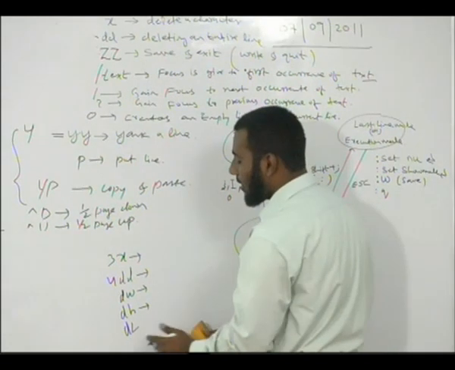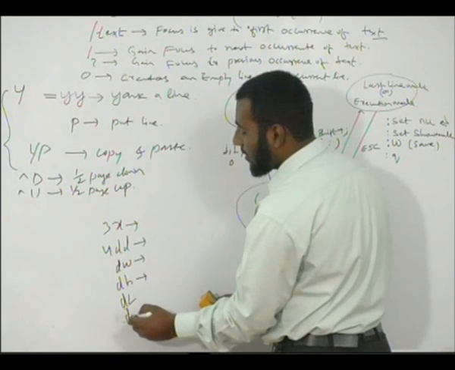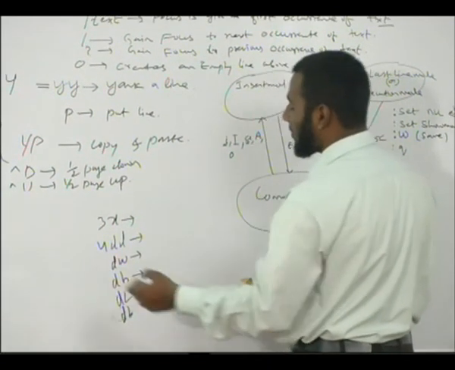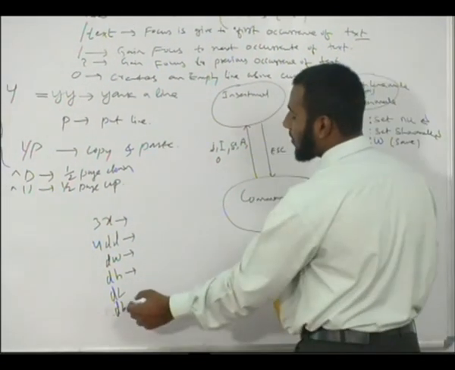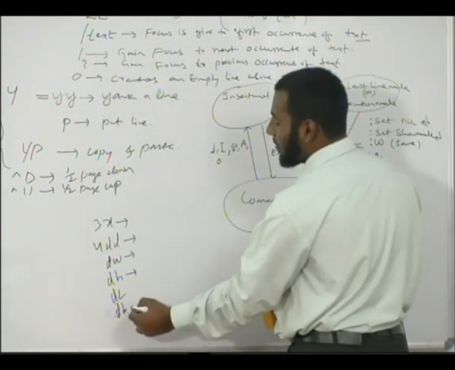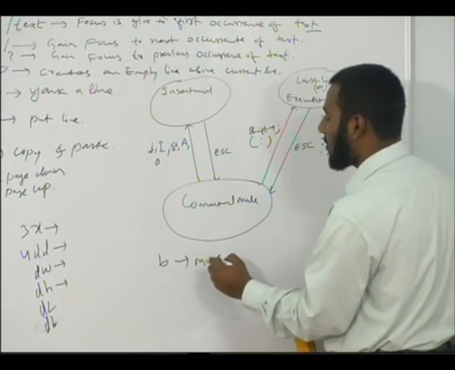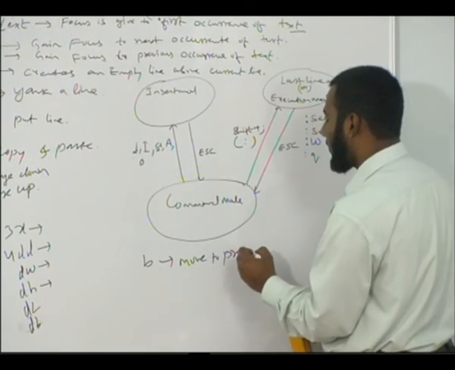Okay, and DB deletes the previous word, because B is used for moving to the previous word. B means moving to the previous word.